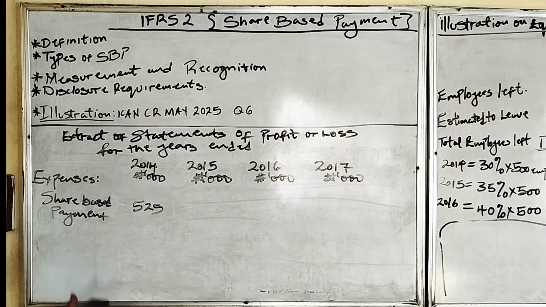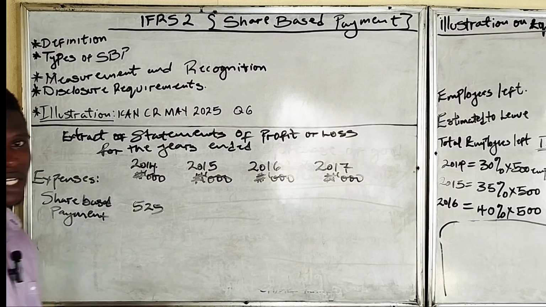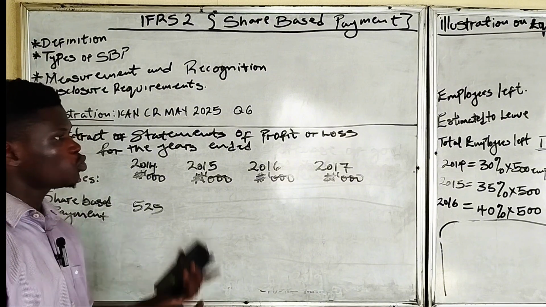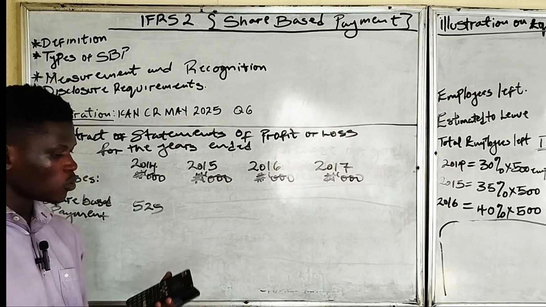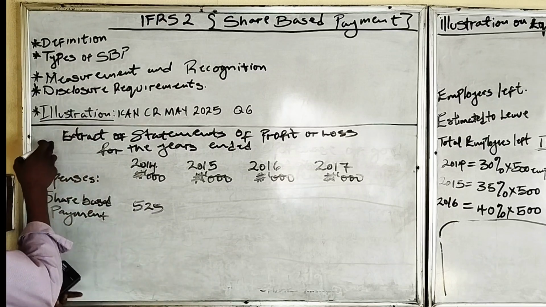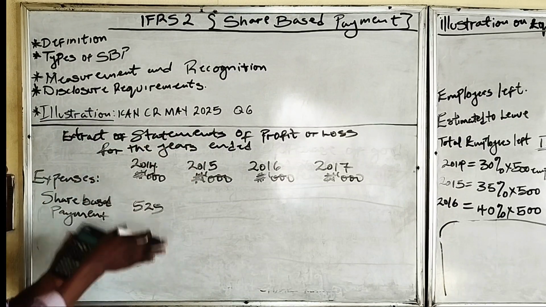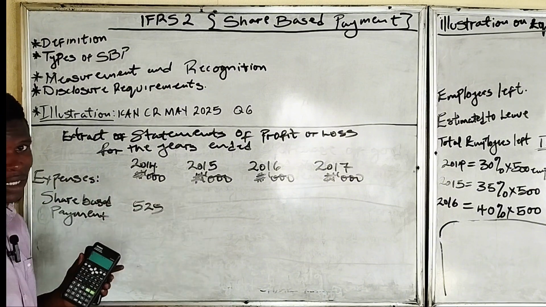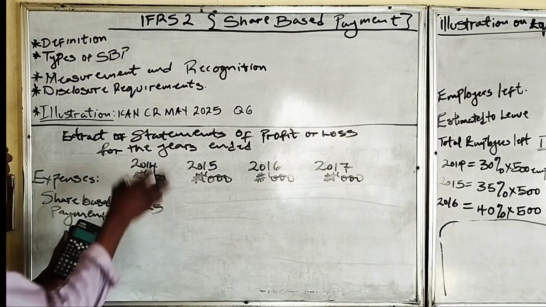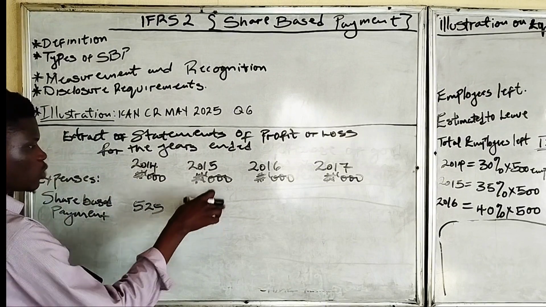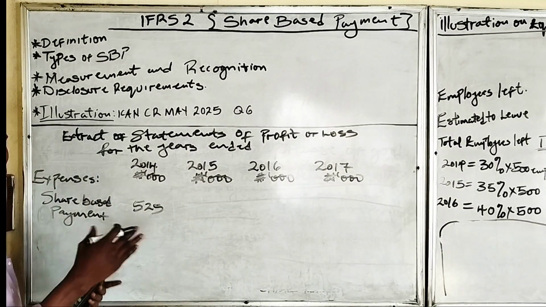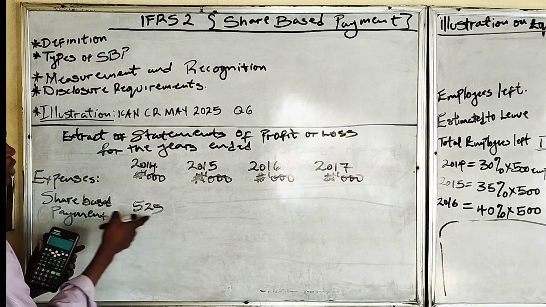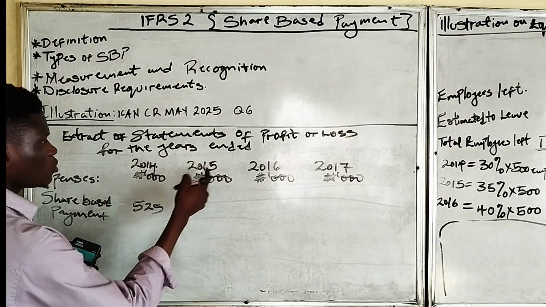Now in 2015, the total amount is 975,000. That 975,000 is a cumulative amount of both 2014 and 2015. So the extract statement of profit or loss shows only the figures for a particular year. It is not a carry forward statement. So we have to show the expenses related to 2015 alone, not a cumulative amount from 2014. So we will exclude 2014 from the cumulative amount of 2015.